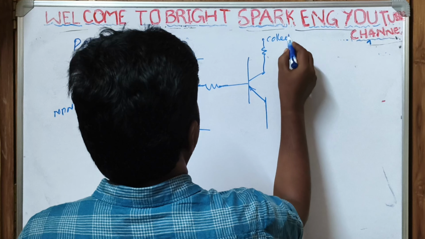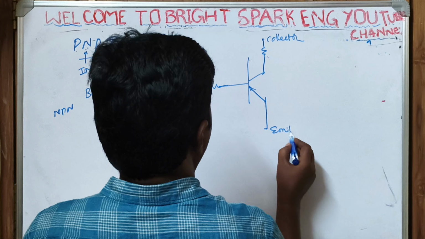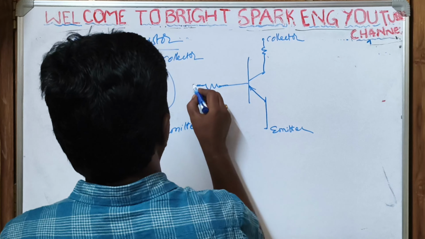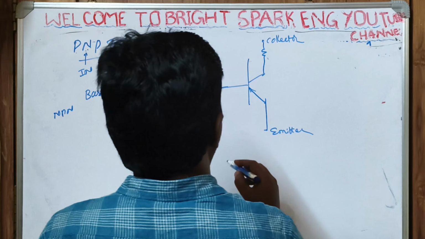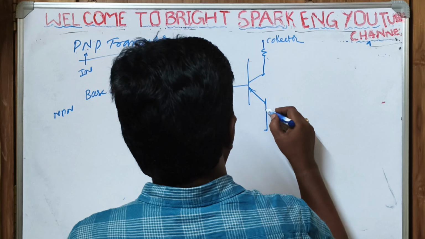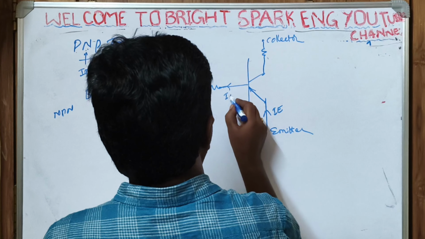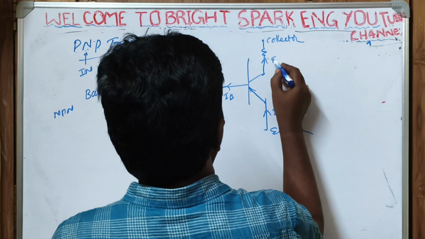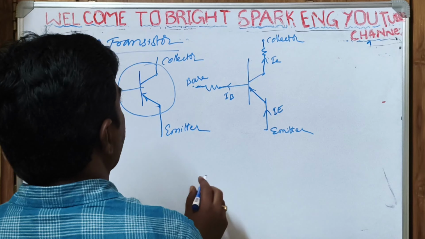Collector, emitter, base. Here these are called IE, IB, IC. This is the current.